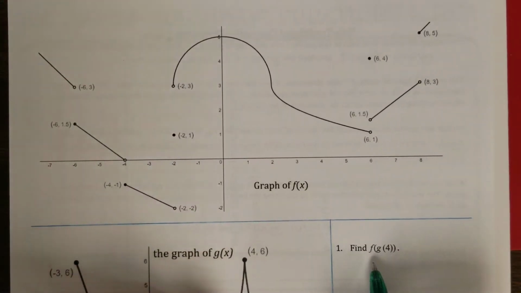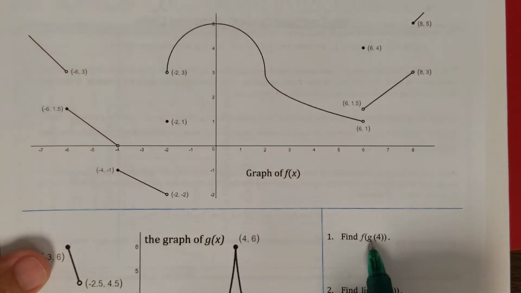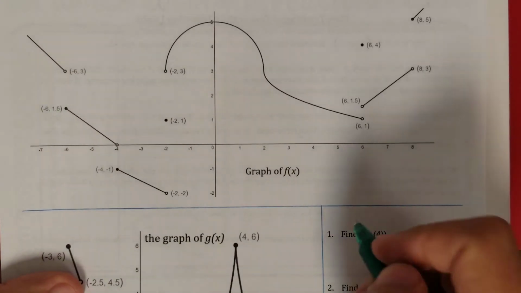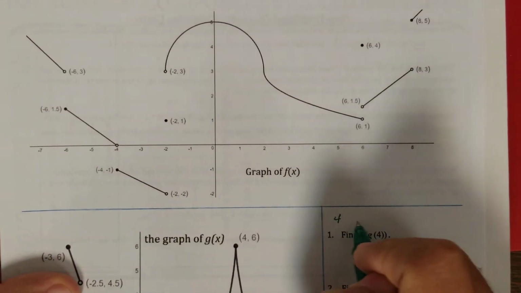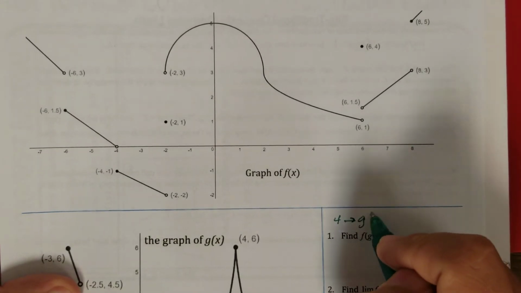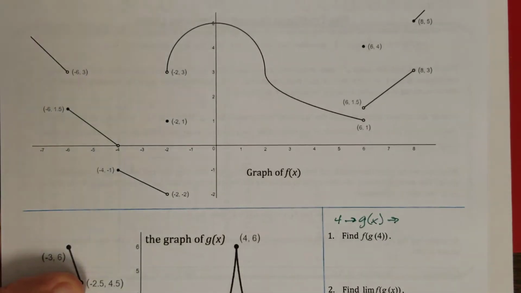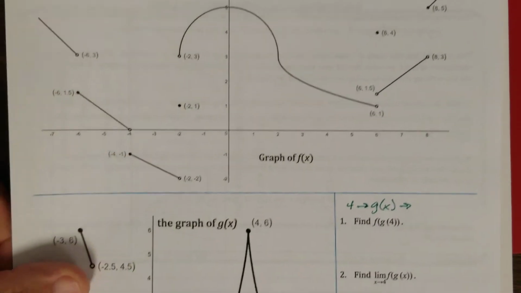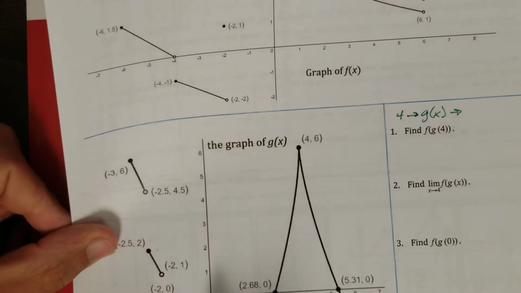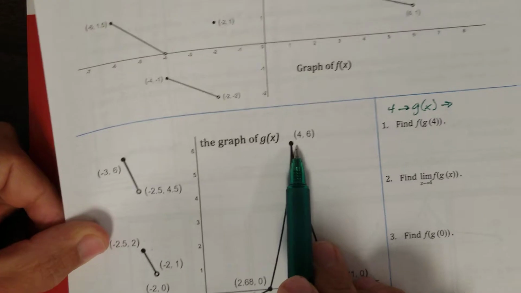Remember a problem like this, if you're looking at finding f of g of 4. So remember that we're going to take 4 and plug that into the inner function first. Okay, and then we're going to get an output there. So if I just go to this graph right here, plug in a 4 and I get 6.